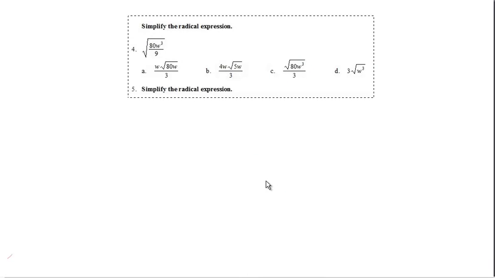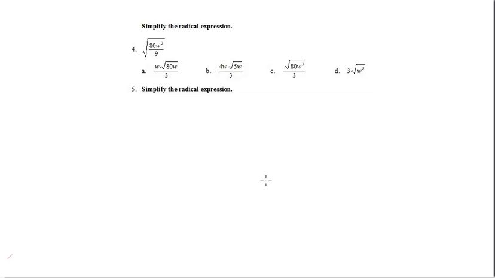Okay, number 4. Simplify the radical expression. Forget about this part. That's from the next question. So just get that out of the way so you don't get confused. So we can rewrite that as the square root of 80w cubed over the square root of 9.